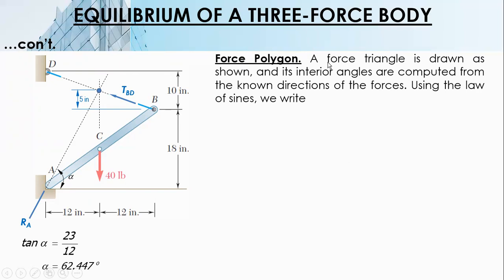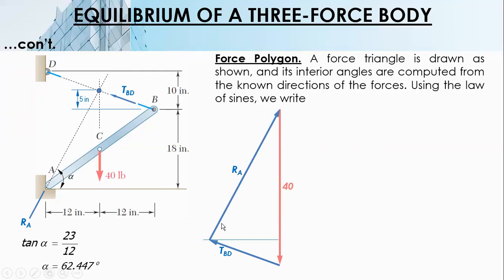So a force triangle is drawn as shown. Its interior angles are computed from the known directions of the forces. Using the law of sines, we write 40, RA, and TBD. It depends on the order.